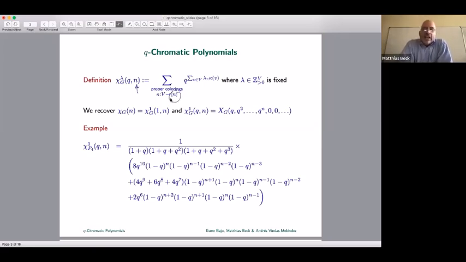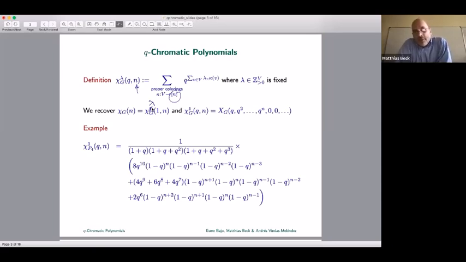A lot of our results are for a special case, lambda equals 1, 1, 1, 1. In that case, you weigh each coloring by q to the sum of the colors. Of course, when you set q equals 1, you recover the chromatic polynomial.